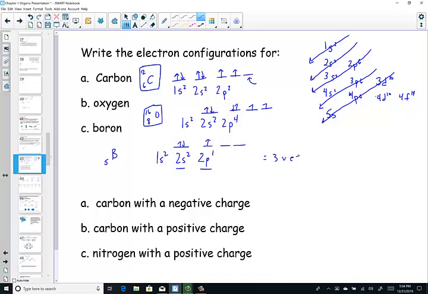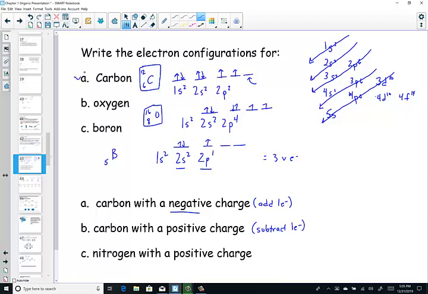What about if we see positive or negative charges? Remember that a negative charge means that it has an extra electron. If it has a positive charge, you have to subtract an electron because it lost that electron. So a negative charge, 1 extra electron.